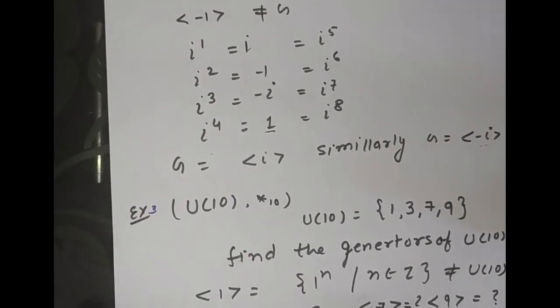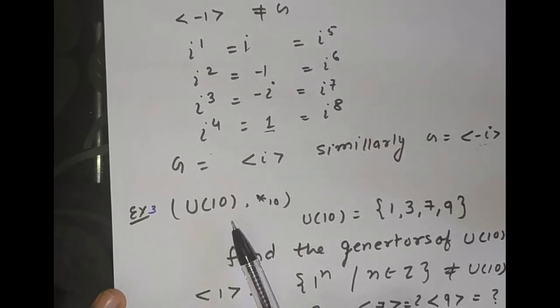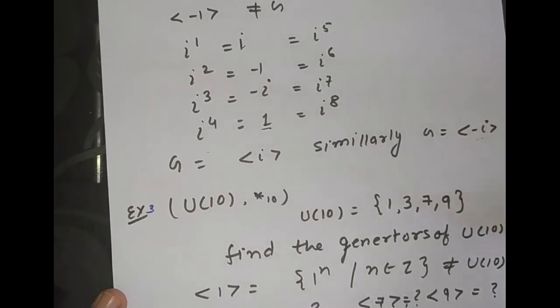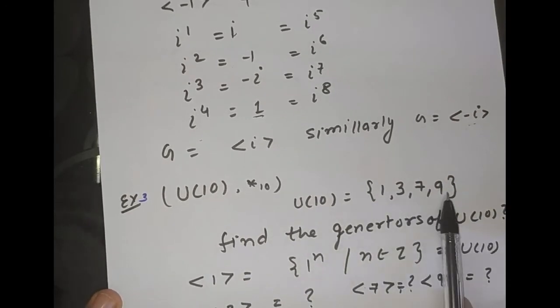Now our next example is U10. We know that this U10 is a group for multiplication modulo 10, and the elements are 1, 3, 7 and 9. Now our question is, we have to find the generator of this U10, and if this group has a generator, we have to check whether this group is cyclic or non-cyclic.